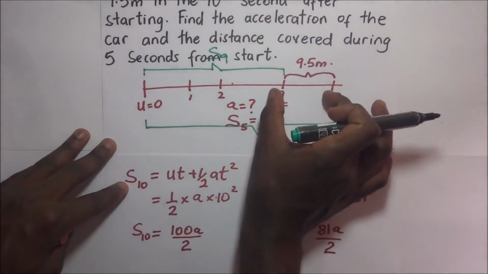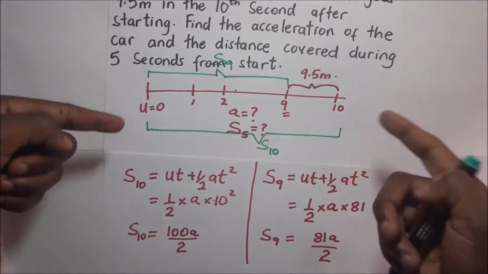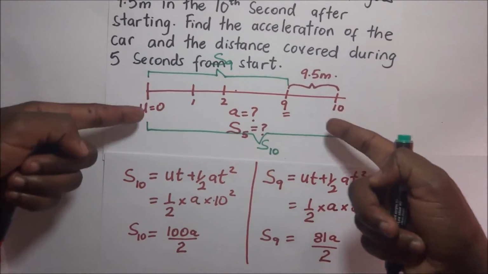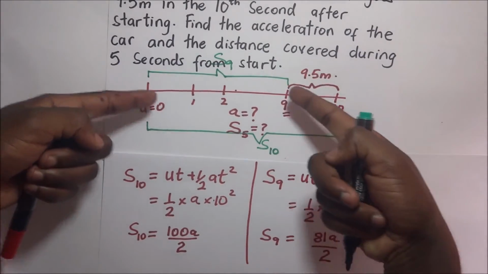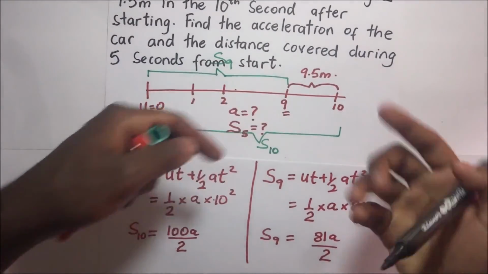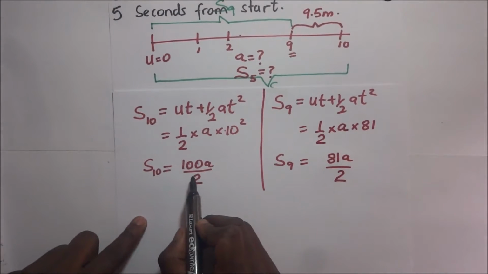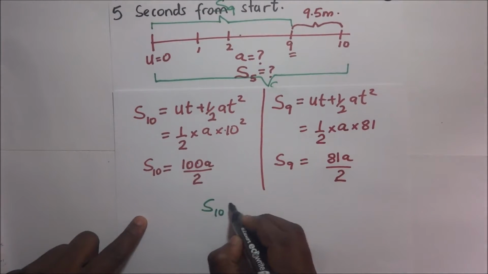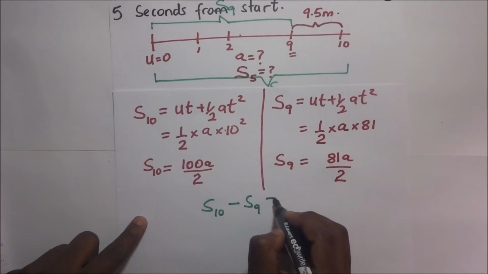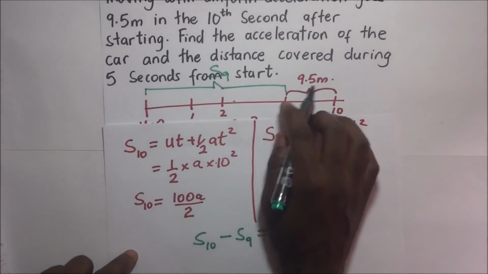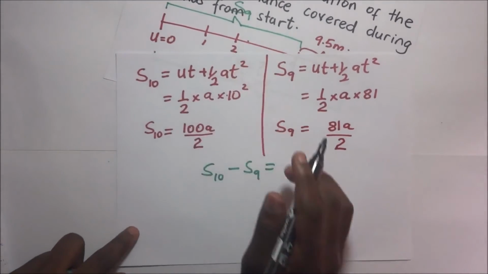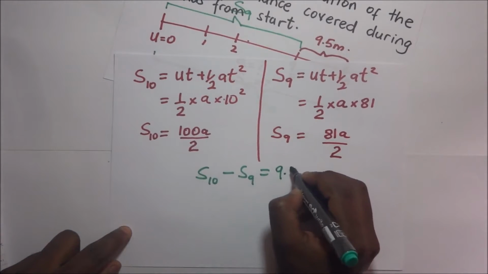So to be able to get the 9.5 means we are going to get the distance covered after 10 seconds minus the distance covered after 9 seconds. In simple terms, this simply means that S10 minus S9 is equal to 9.5, and from that expression we are able to get our value of acceleration.